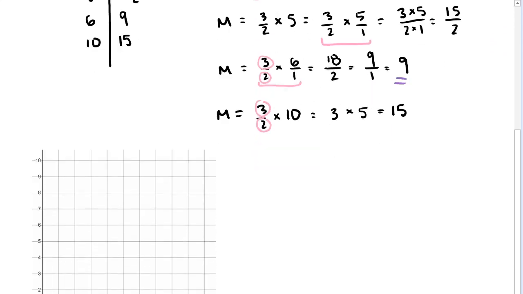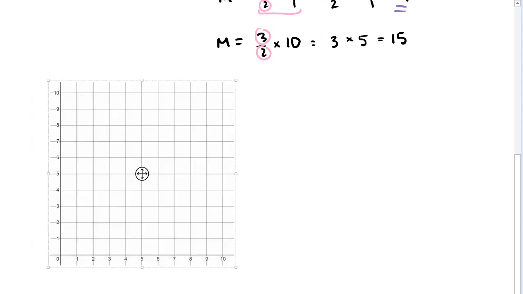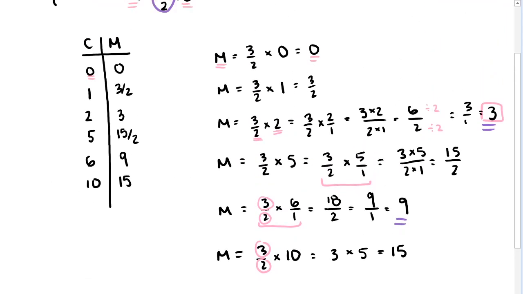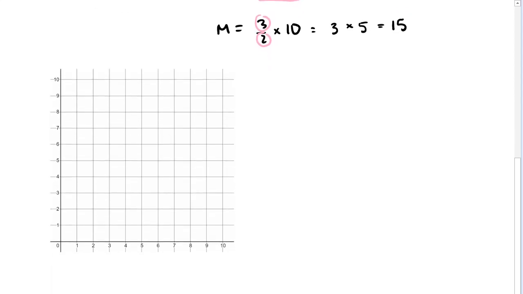We talked about graphing in the last video, and I'd like to continue that conversation a little bit. Just get a little bit more practice and familiarity. So, in our table here, we had c for our first variable, our left column, and m for our second variable, our right column. And so if we wanted to form a graph from this table, we can make our horizontal axis correspond to that first variable.